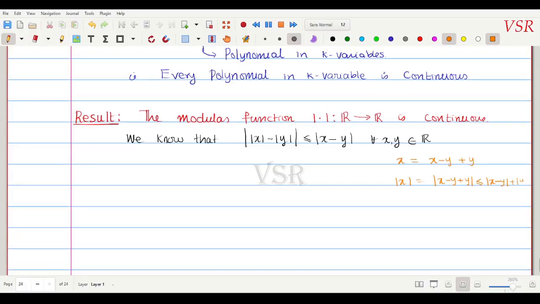Okay, so this implies that modulus of x minus modulus of y is less than or equal to modulus of x minus y.